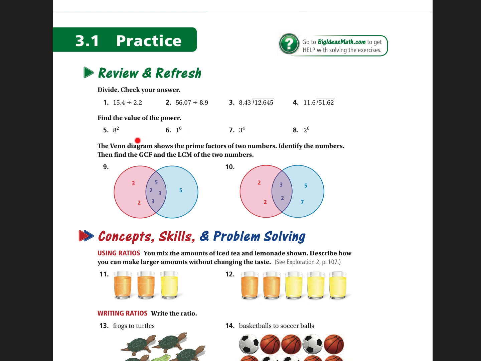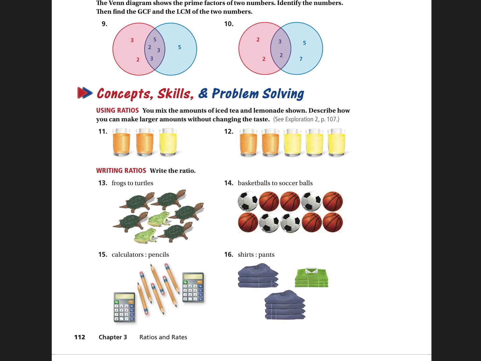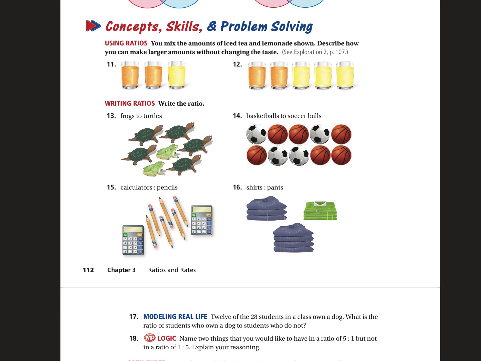I got some exponent review here, and then some questions with GCF and LCM, so just some past practice. On these problems here with ratios, you're just going to write the ratio based on the quantities of those objects.